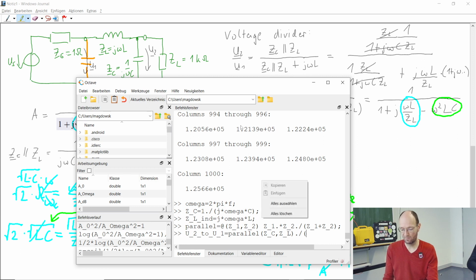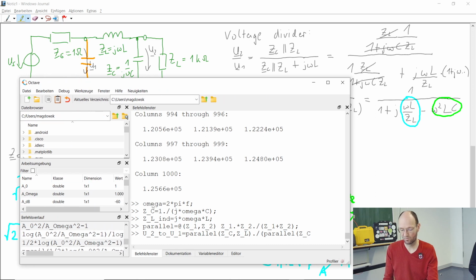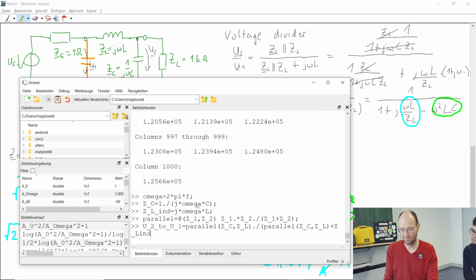And then we divide this by, once again, the parallel circuit of ZC and ZL, the load impedance, and this plus ZL of the inductor. I need more space or a smaller font. And hopefully this should be it.